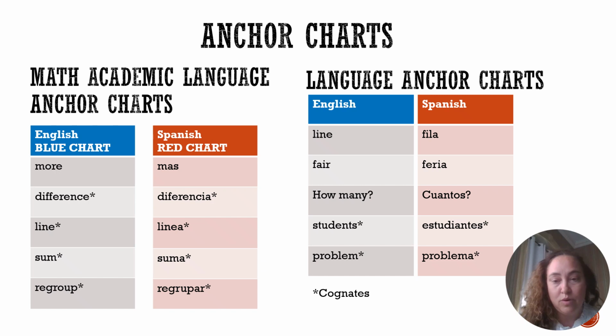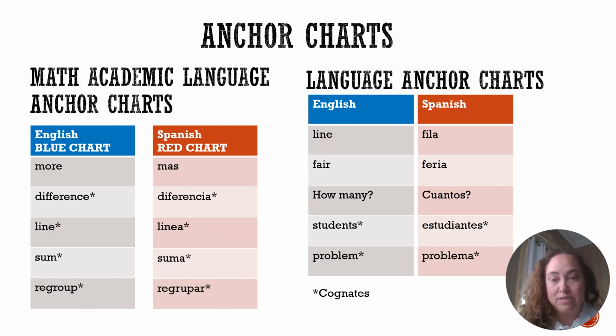And I think what we also notice oftentimes in math is those cognates are very similar. So I think it's important for students to be able to see more, mas, difference, differencia, line, linea, different things like that, to be able to start comparing that language, as a lot of times it is really one letter difference.